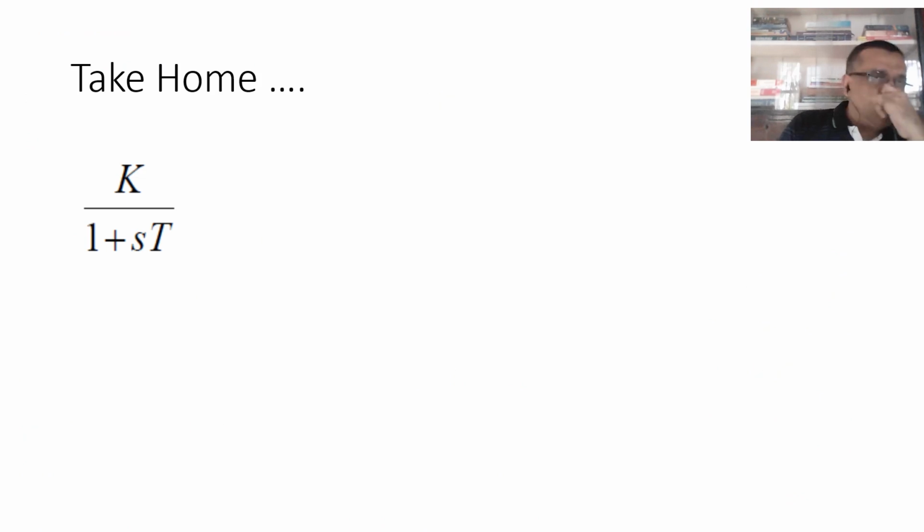So what is the take home? I've spent a lot of time on first order systems, because if you understand the first order system well, you can learn all the other things and the concepts will be clear. A first order system is represented in general by this. K is called the steady state gain, and capital T or tau is the time constant.